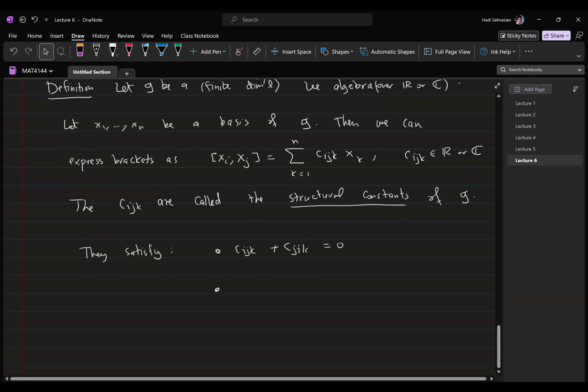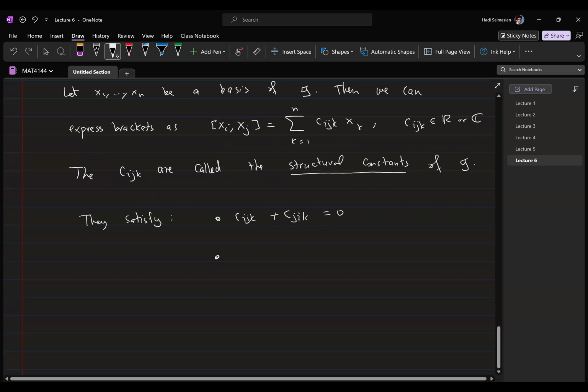And the Jacobi identity imposes something a little bit more complicated. Sigma over n of c_ijn c_nkm plus c_jkn c_nim plus c_kin c_njm is 0.